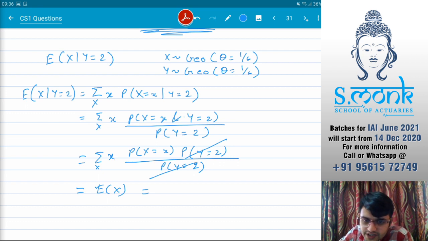So they are saying x follows a geometric distribution, okay, and y is equal to 2 implies the first roll is not a 6 and the second roll, see, that is what I was asking, whether they are independent or not. They are not independent because they are saying it's the same roll of dice, okay.